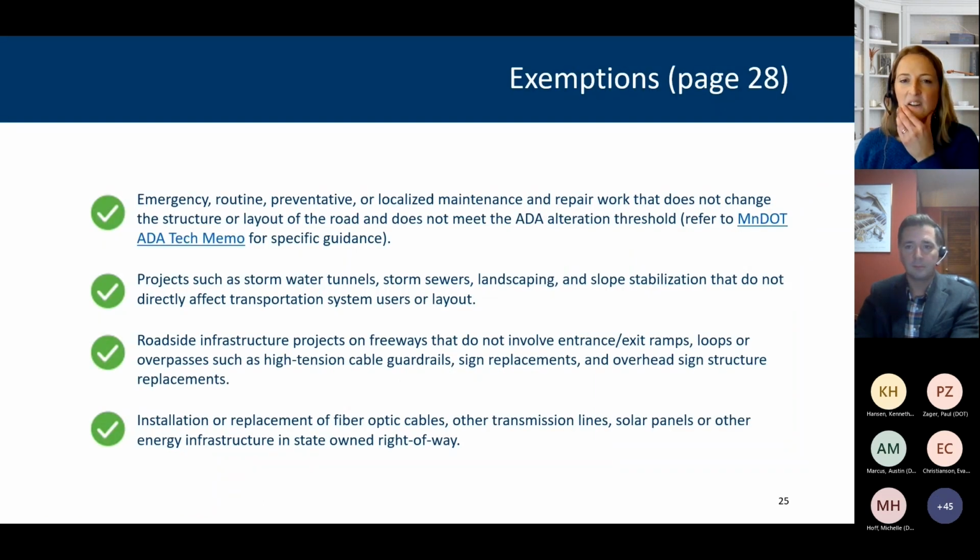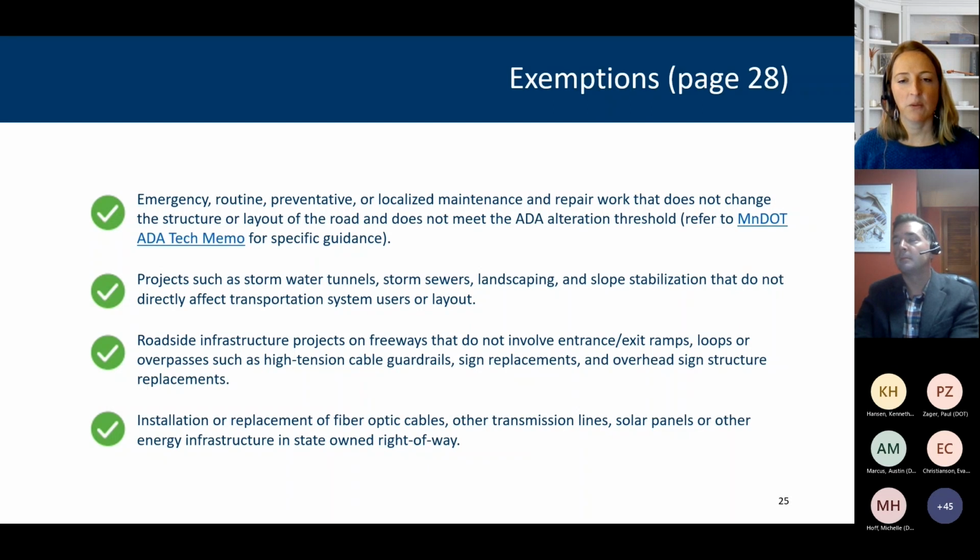So I had referenced earlier that this applies to all MnDOT projects and that there are some exemptions. So that's detailed out on page 28 if you have that open for the handbook. Otherwise, I pulled that out here on the slide as well. So we worked on this with our policy work group and a number of consultations with subgroups. So the first category really is about the routine preventative maintenance.